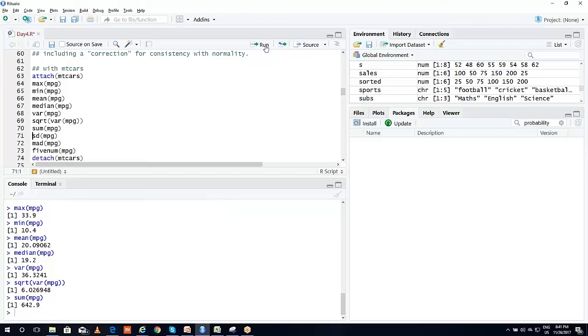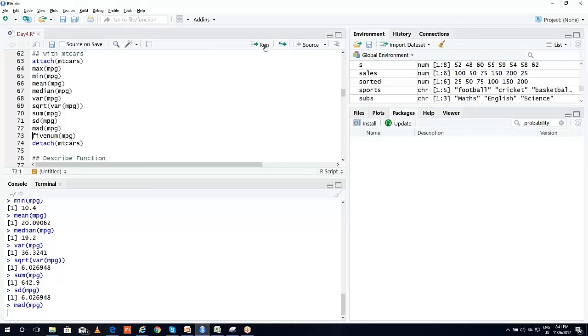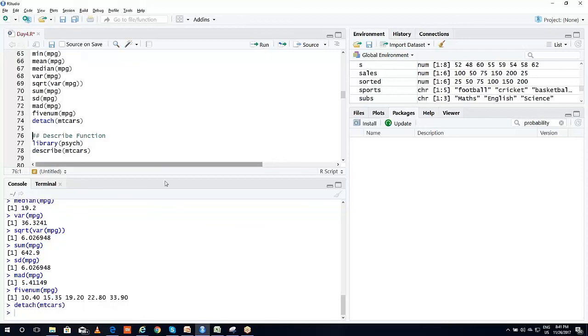Sum of MPG, I just summed it there. It doesn't have any statistical significance, why you need to sum an MPG, but still. Standard deviation 6.02, that's what we have got earlier. Square root of variance, same thing. Mean absolute deviation, and these are the quartiles. 10.4 is the lowest, 33.9 is the highest, first quartile, second quartile, third quartile. And finally I detach mtcars.